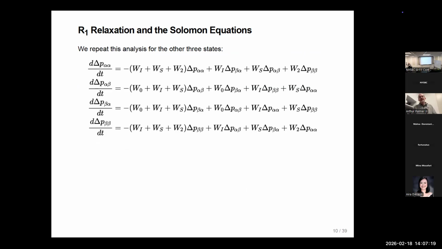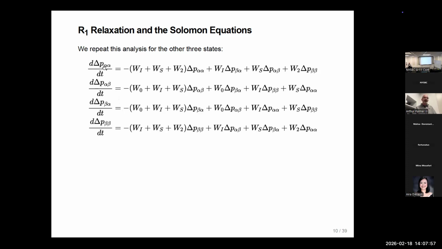Now we usually don't work with the population, we work with IZ magnetization, SZ magnetization, etc. So we want to convert these to the magnetizations, and remember that IZ magnetization is going to be proportional to the difference in populations where the I spin is in the alpha state minus the populations where the I spin is in the beta state.